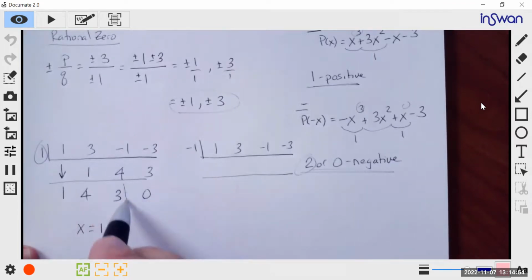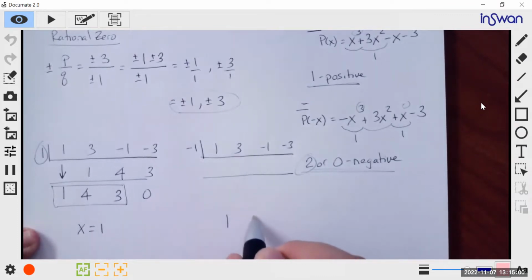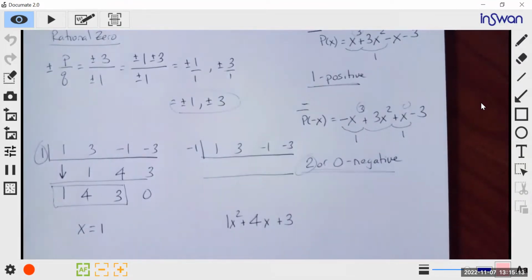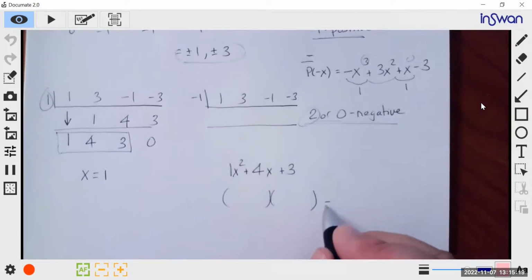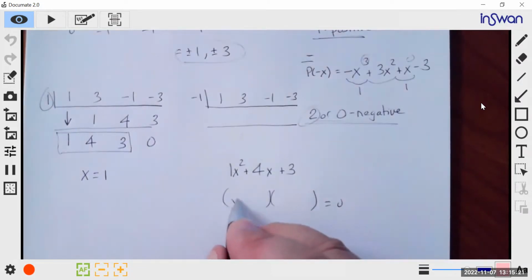Right, so now all we have to do is look at this possibility. So that's 1, 4, 3. This is my constant, this is my x term, and this is x squared. So can we factor this? x and x.